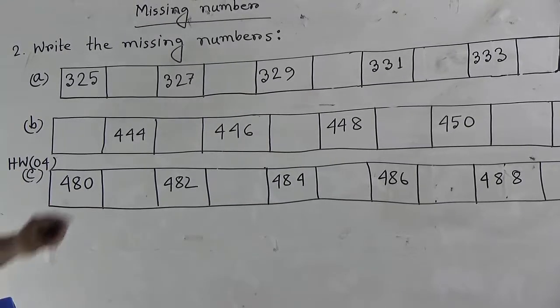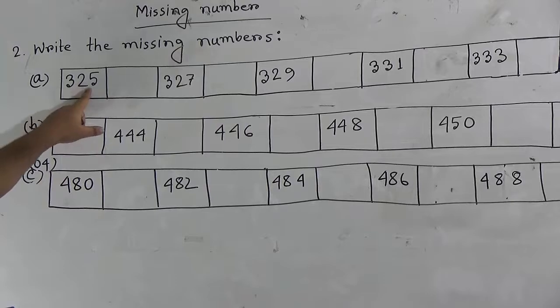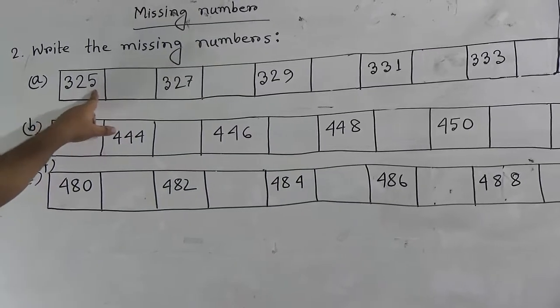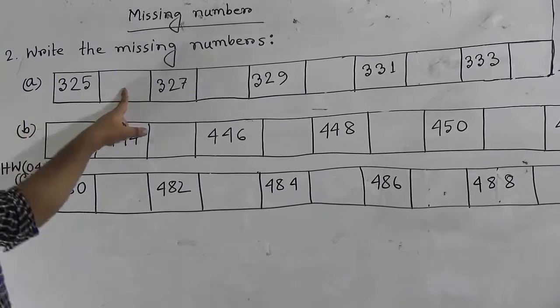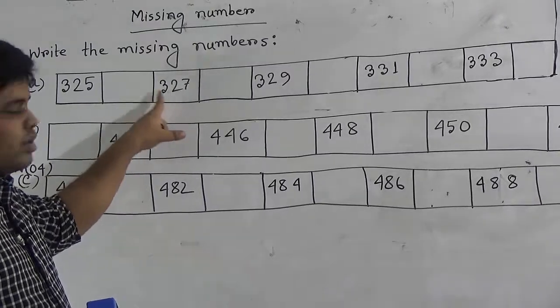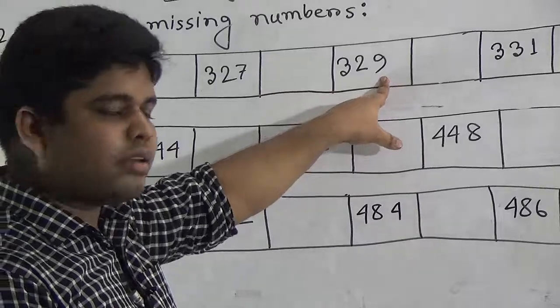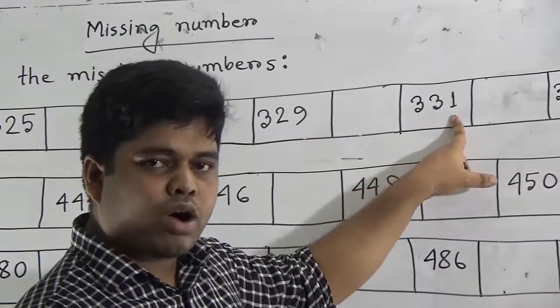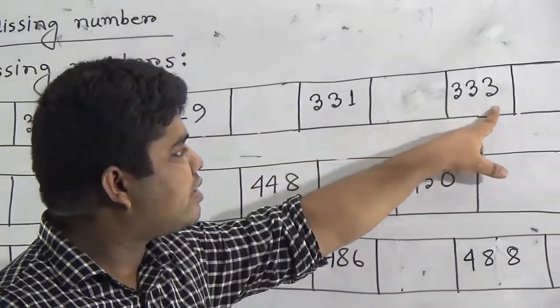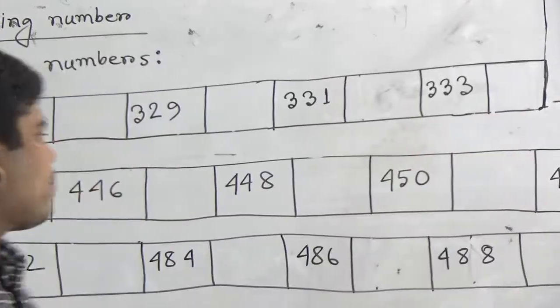Here, my dear students, the number starts from 325. Then there is a gap, 327, gap, 329, gap, 331, gap, 333, gap. Okay.